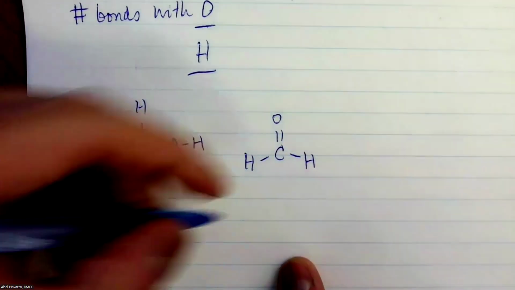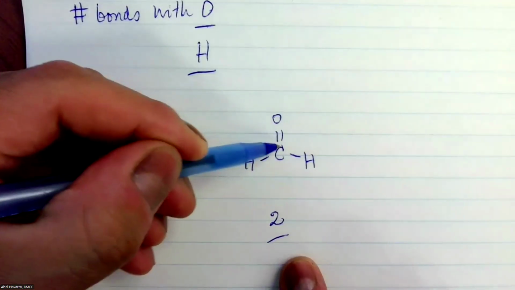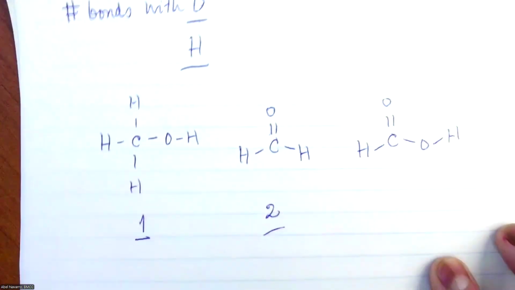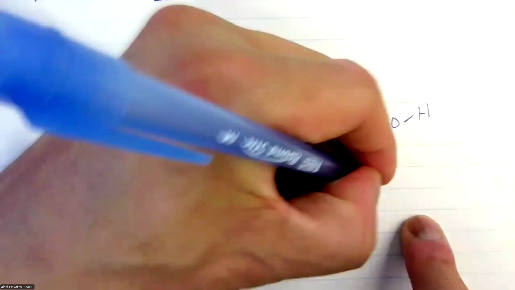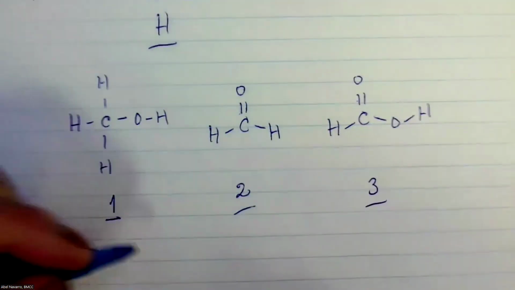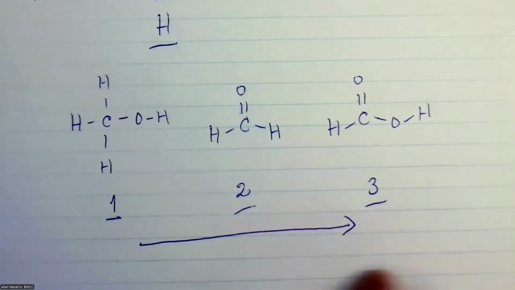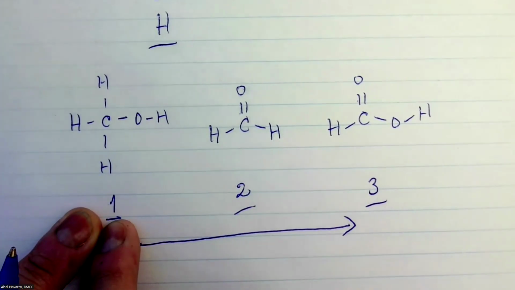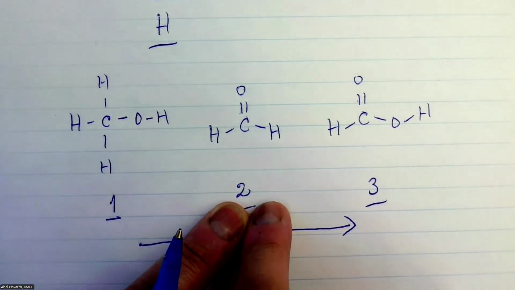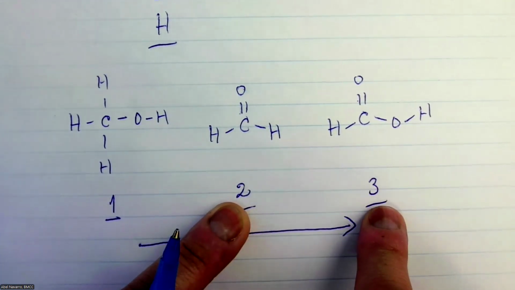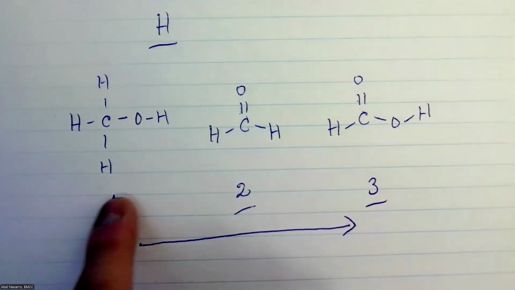It has two bonds, C double O. What about formic acid? Formic acid has three bonds with oxygen, one, two, three. So this is the oxidation trend. Alcohol is less oxidized than aldehydes, and aldehydes are less oxidized than carboxylic acids.